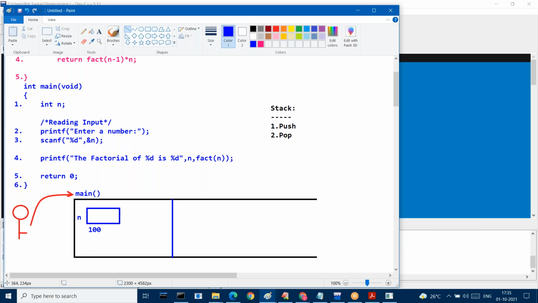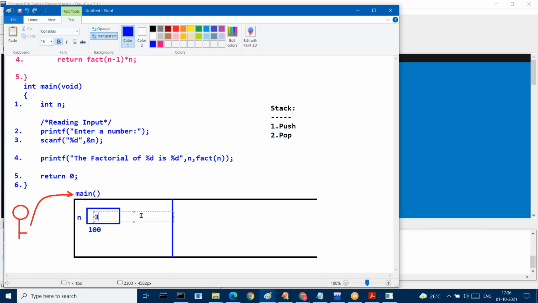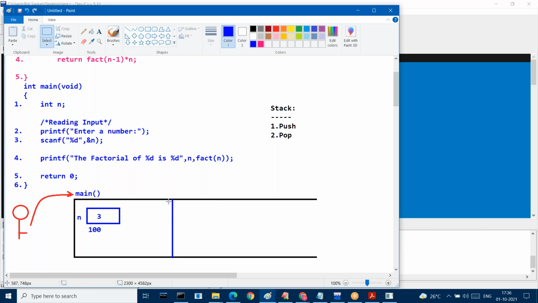You are approaching line 2. Printf message means something comes into the console. Scanf means you have to take a user input, and you have taken a user input, say 3.